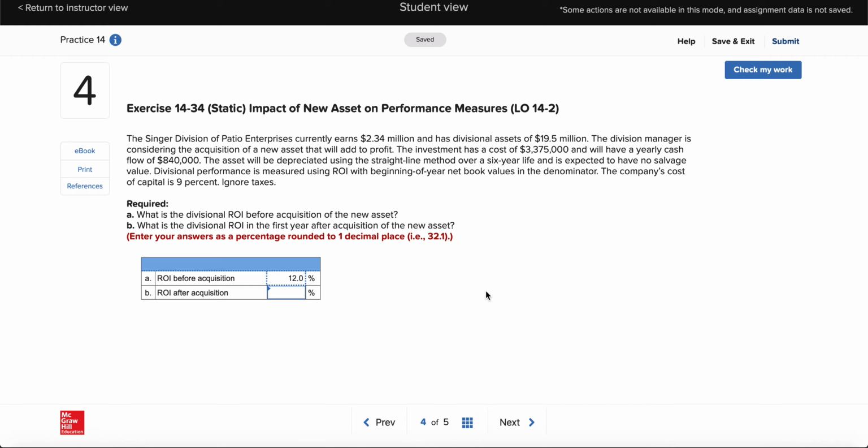So again, I have 2,340,000, and I'm going to add to that $277,500, which is the profit after depreciation for 1 year. That's my numerator. My denominator is simply the 19.5 million plus 3,375,000. If I do the math on that, my new ROI is going to be 11.4%.